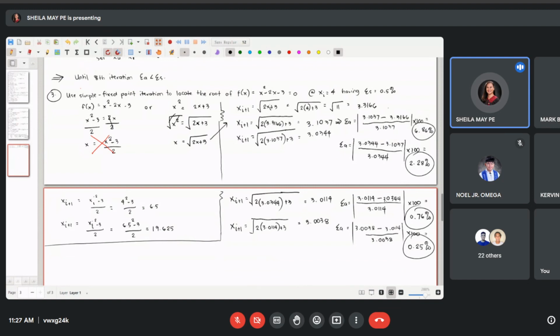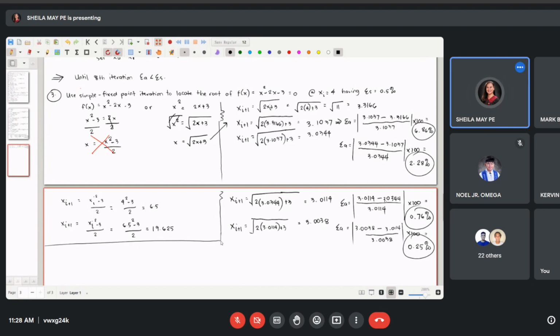So therefore, the root is in the range of about 3. Right? Our real root earlier is between -1 and 3. So we are on track with our iteration. But our aim here is an error criterion of only 0.5%, and we have attained 0.25, which is lesser than our 0.5.